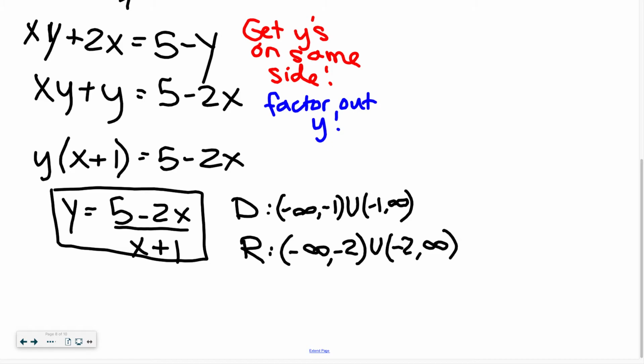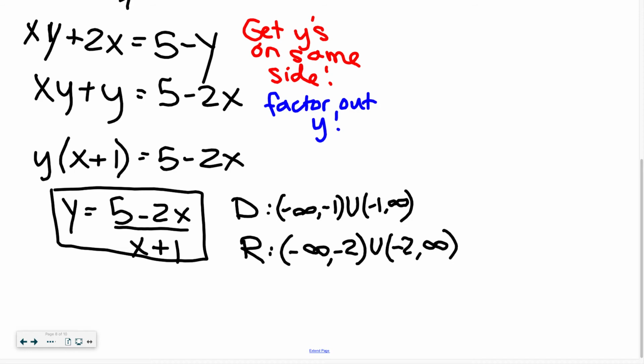But what we have here is, in the numerator, a linear function. In the denominator, we have a linear function, so they have the same degree. When the degrees of the numerator and the denominator are the same, your horizontal asymptote is the ratio of their leading coefficients. So -2/1 or -2. y equals -2 would have been our horizontal asymptote.